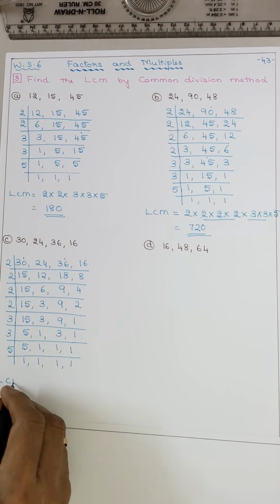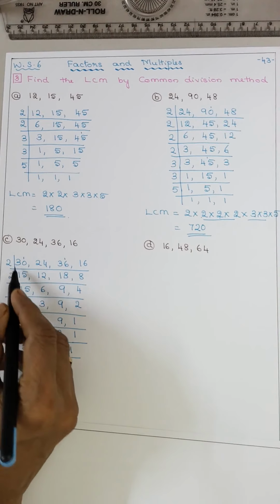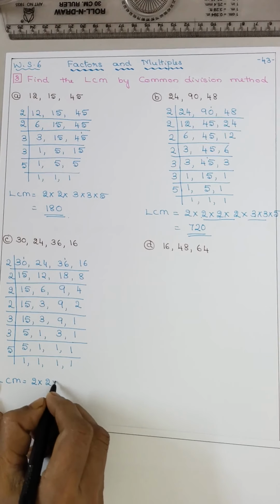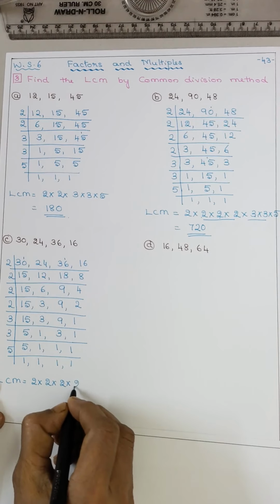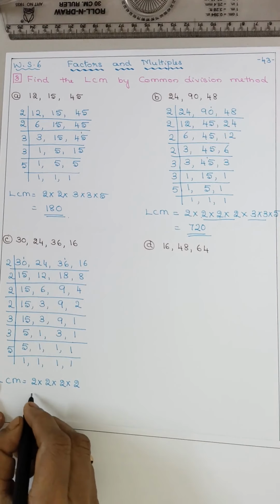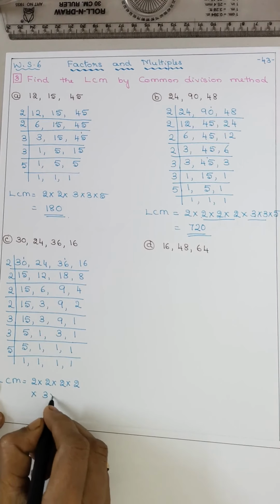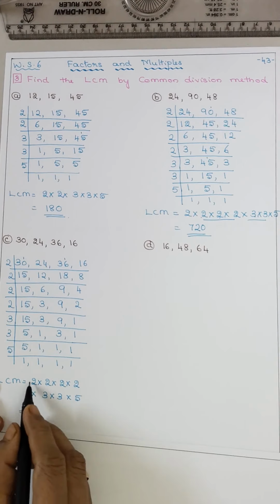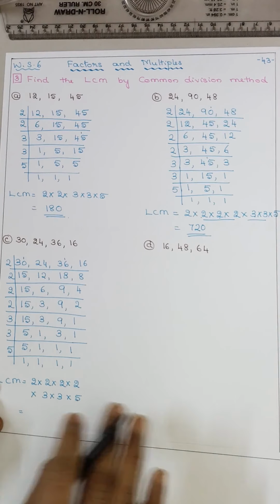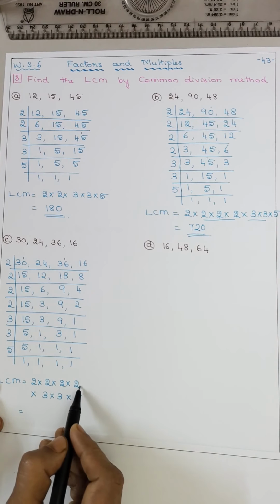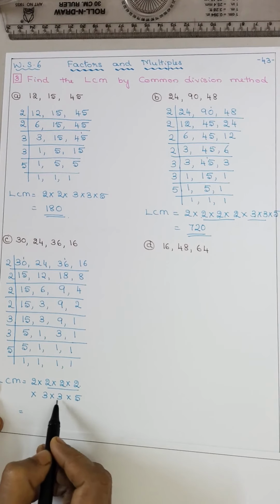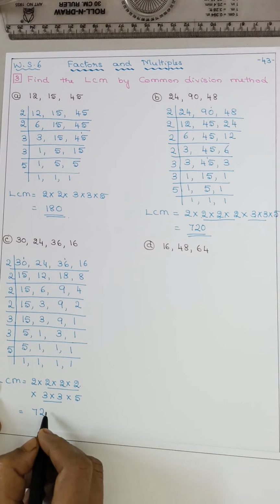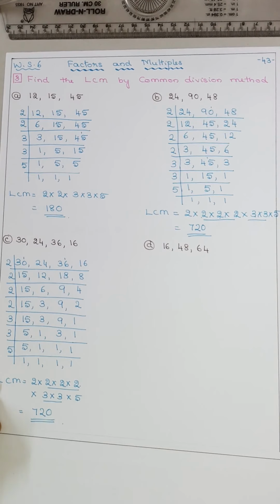So LCM is equal to 2 4 times, 3 2 times, and 5. 2 and 5, 10. Keep it aside. 2 2s are 4, 4 2s are 8. Now 3 3s are 9, 8 9s are 72, 72 10s are 720. That is why 720.